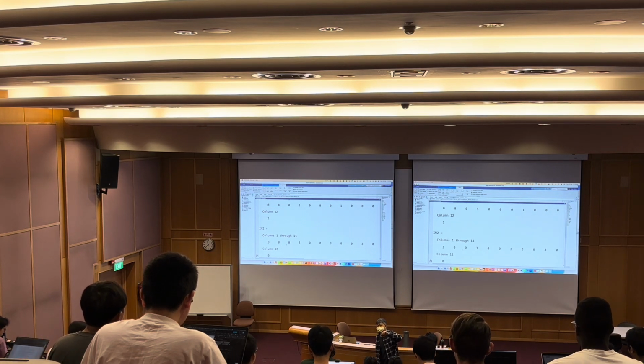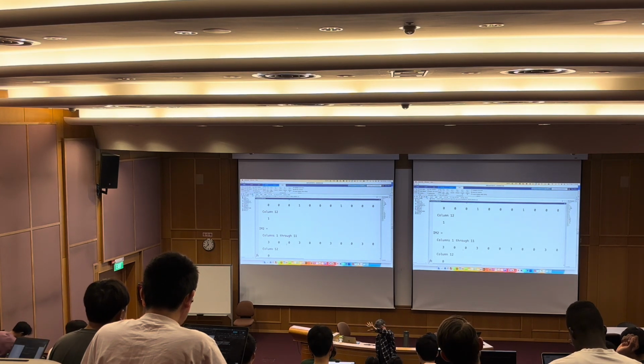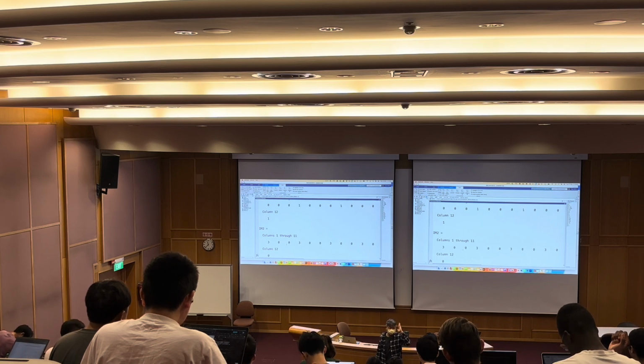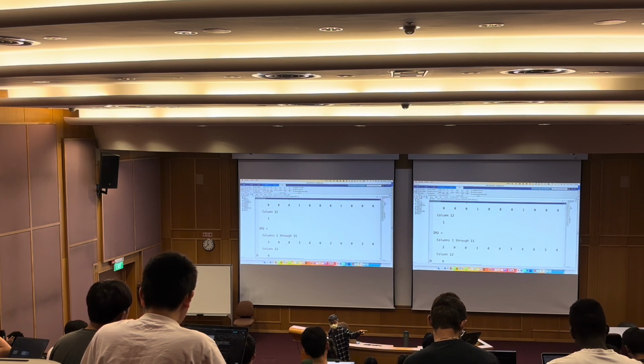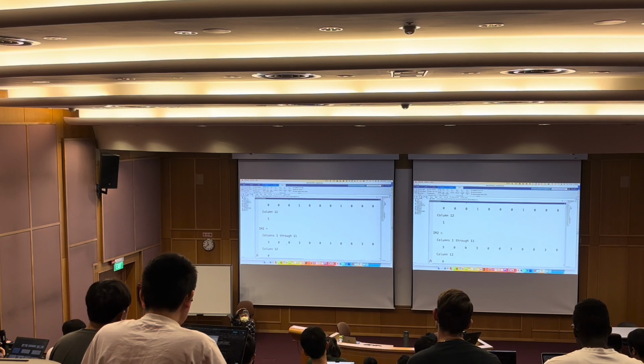I say again, if you have a piece of music, some song, and you sample it, the act of sampling is to multiply it with a train of impulses, right? And multiplying in the time domain is equivalent to convolution in the frequency domain.